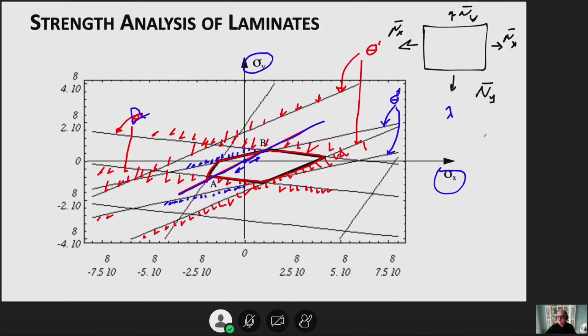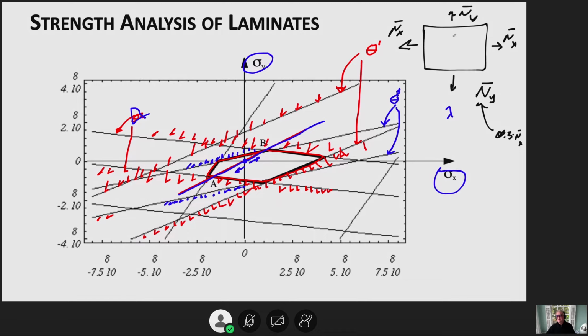And say Ny bar is a function of Nx bar, so some alpha, let's say 0.3 times Nx bar. They are not independent loadings, but under a given load increment, both Nx and Ny increase.